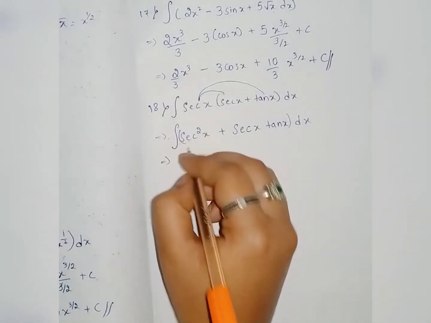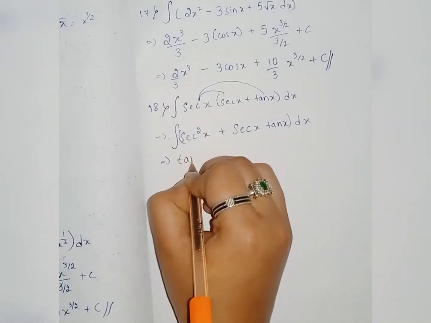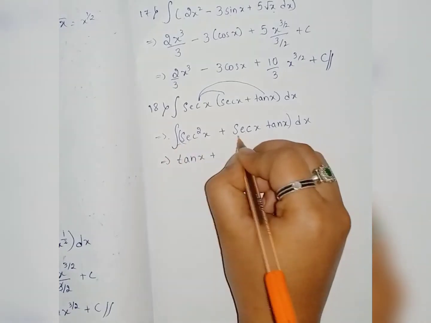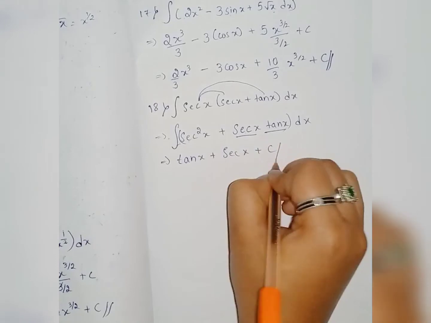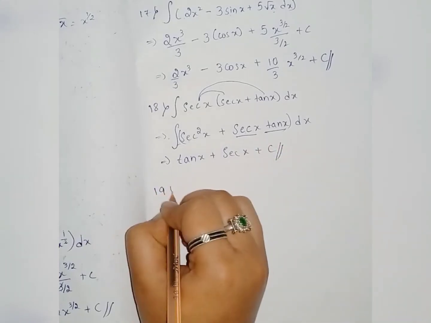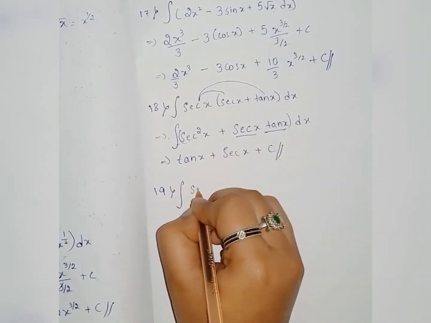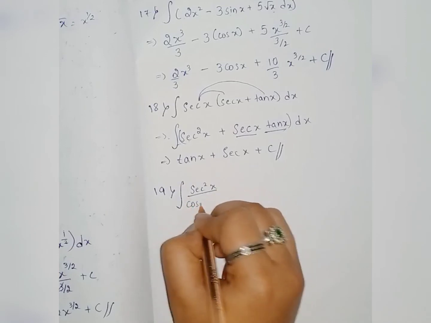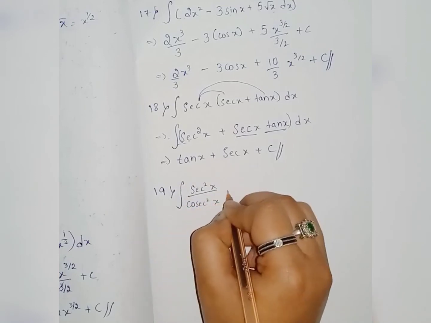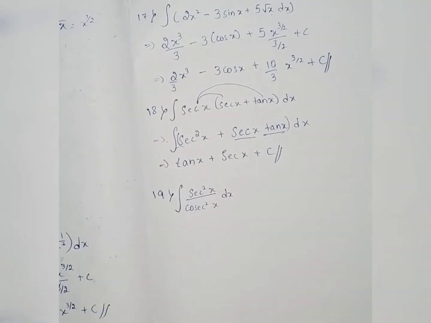Integration of secant square x is tan x, plus integration of secant x tan x is secant x plus c. And then the 19th one is integration of secant square x by cosecant square x dx.